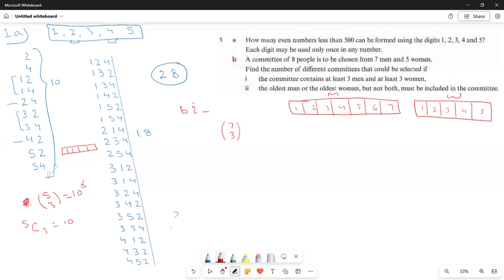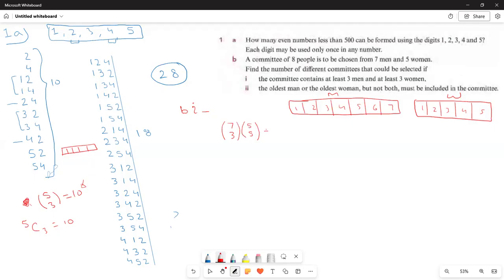So there's only one way because there are only 5 women, so I have to take all of them. Mathematically, 5 choose 5. I have to choose 5 items from the 5 items. So 5 choose 5 is 1. So these are the number of committees we can form with 3 men and 5 women.